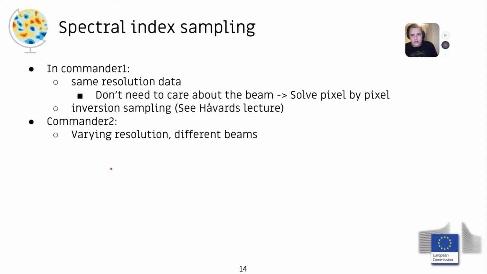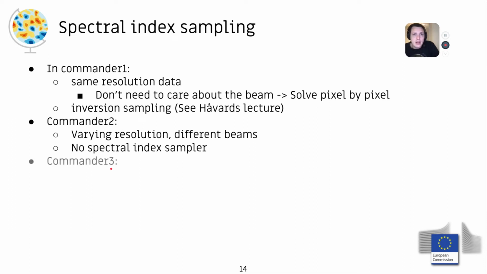So we introduced different beams for different data sets, and solved all of this in harmonic space instead. But we didn't have a spectral index sampler. So we just used the results in Commander 1 and inserted that into Commander 2, and used that to make our full sky model, and get our final high resolution results.